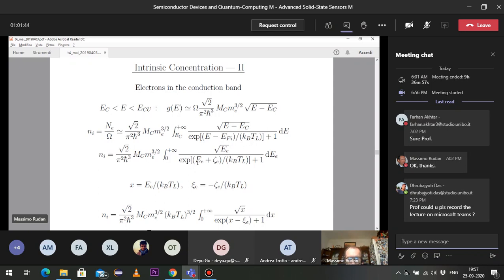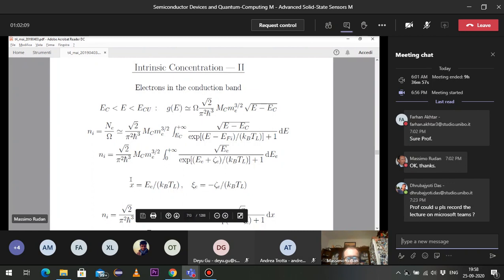Then we change the variable by letting, you see in the exponent we have E_e over kT, so this ratio is called x. Then the other quantity, z_e over kT, is called minus psi_e, okay?